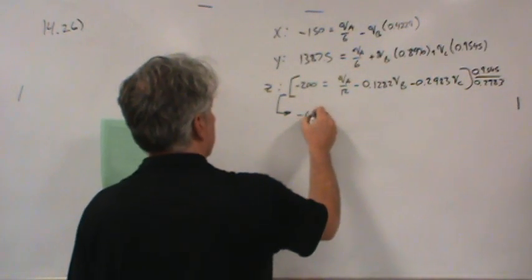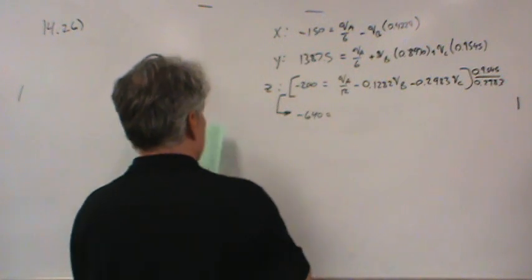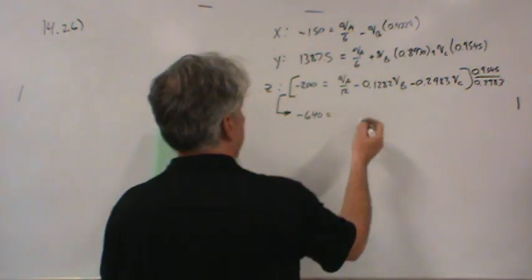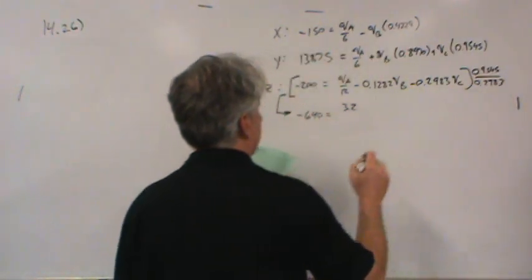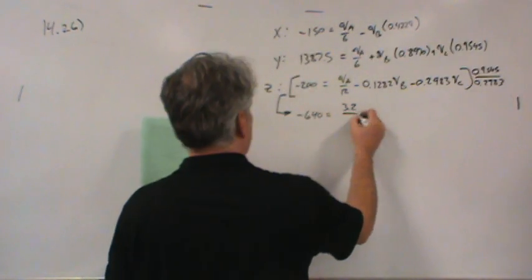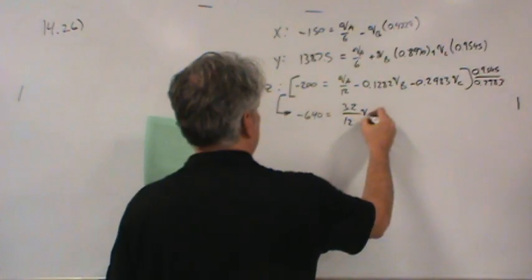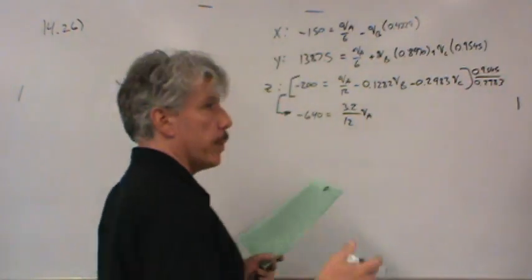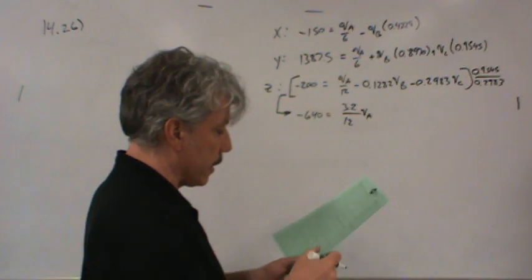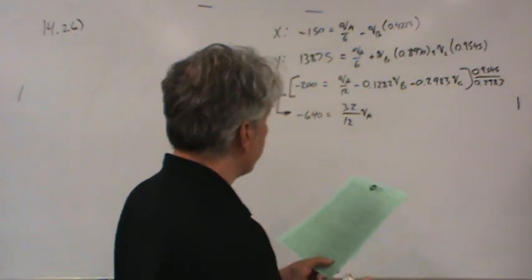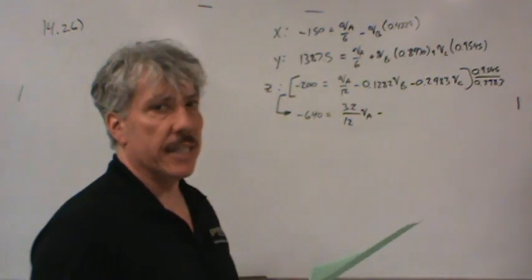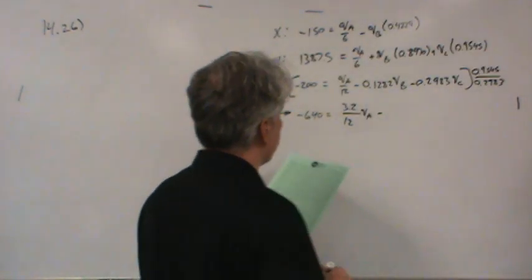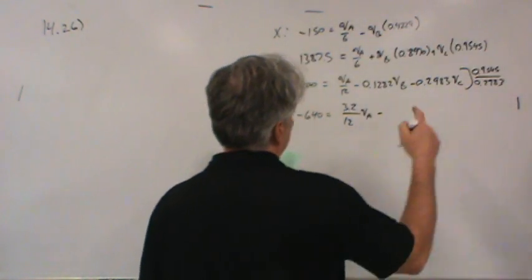You get negative 640 equals, because it turns out this ratio is almost exactly 3.2. 3.2 over 12 VA, I assume because of my round off, I assume it would have come out exactly to 3.2 just because someone designed the problem, so I didn't check too deeply, but it's close enough. I think I got 3.1997 or something like that. Close enough to 3.2.